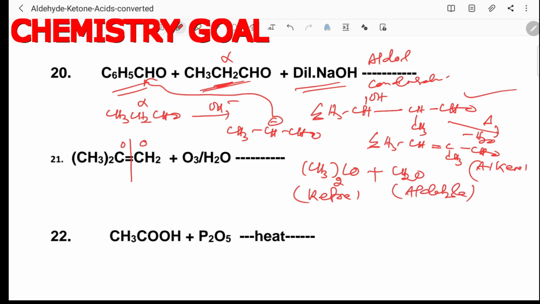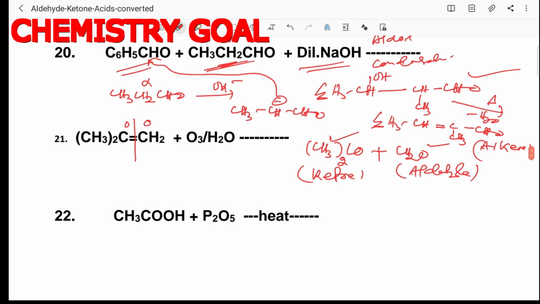Aldehyde produced, and this aldehyde is called formaldehyde, and this ketone is called acetone. So always remember, during the reaction of a double bond compound with ozone, that is called ozonolysis, the main product is aldehyde or ketone. The formation of aldehyde or ketone depends upon the structure of alkene used.